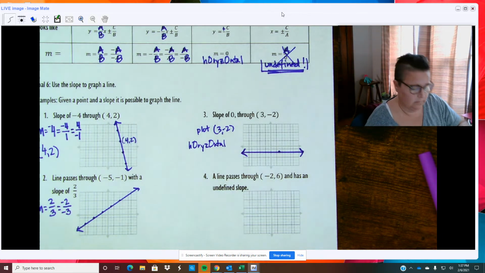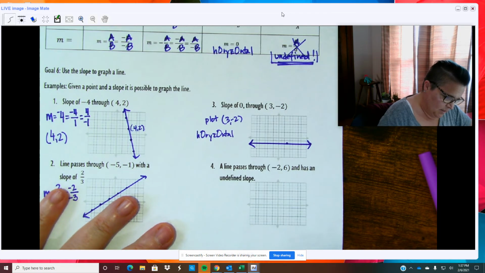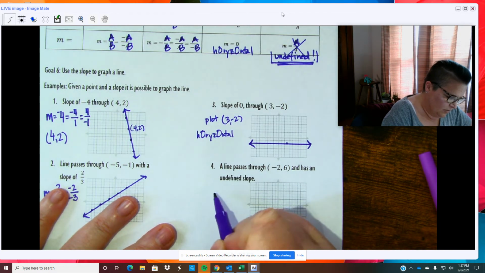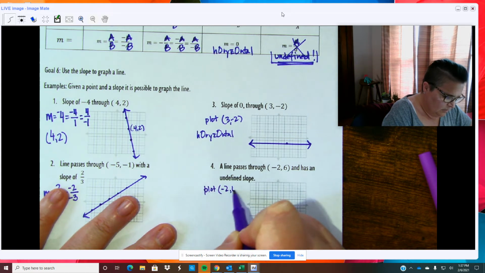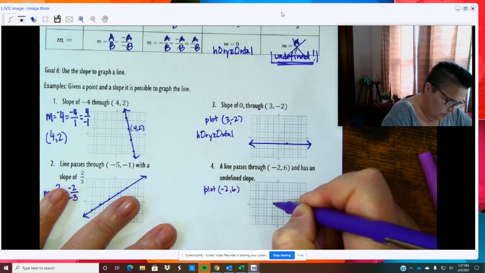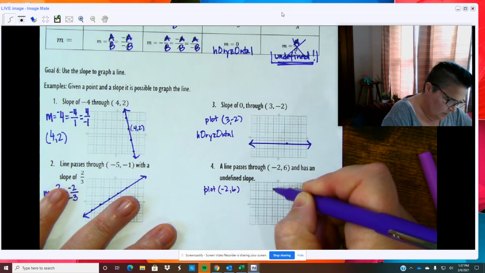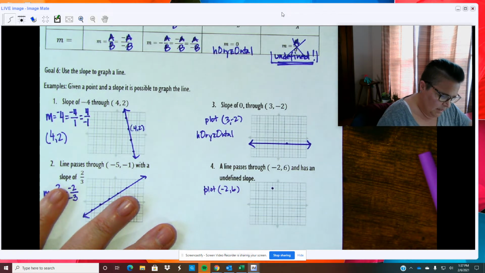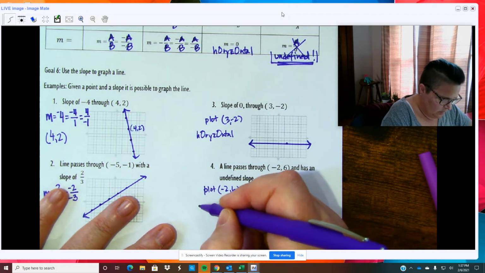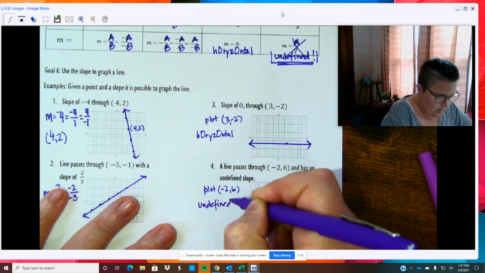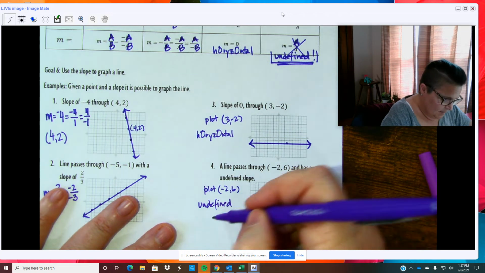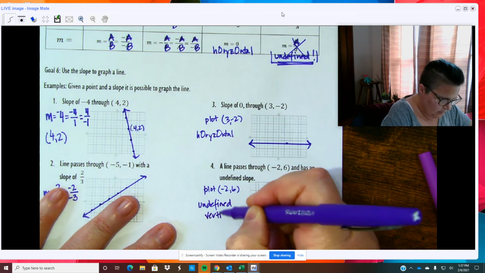And I know this because when I see slope of 0, I know that has to be a horizontal line. All right, last one, a line is passing through -2, 6. So I'm going to go ahead and plot that -2, 6. There we go. And has an undefined slope. Undefined slope, I recognize as a vertical line.